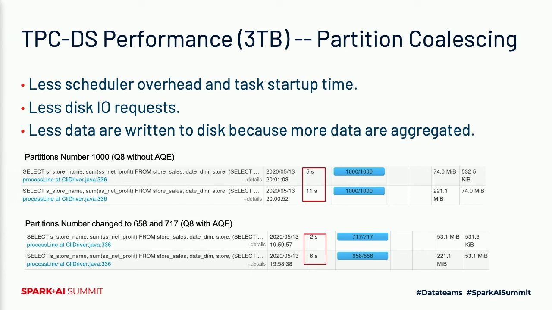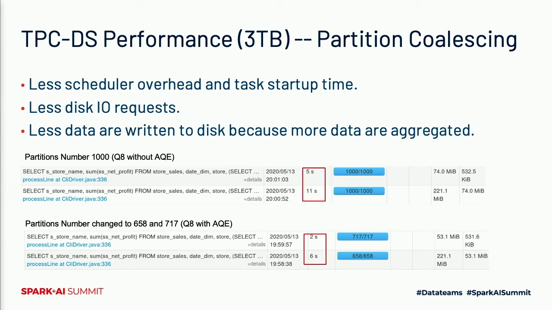And with AQE mode, Spark can dynamically coalesce the shuffle partition number to about 700. And the execution time becomes 2 seconds and 6 seconds, which gains about 2 times performance improvement. Because this means we have less scheduling overhead and less task startup time.